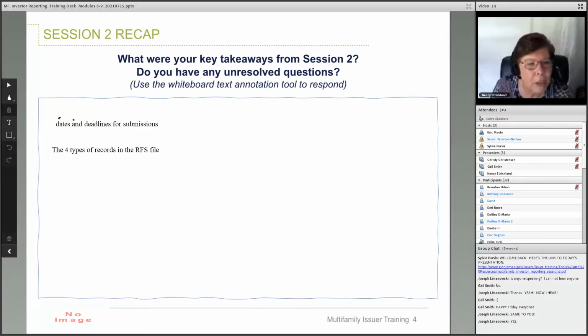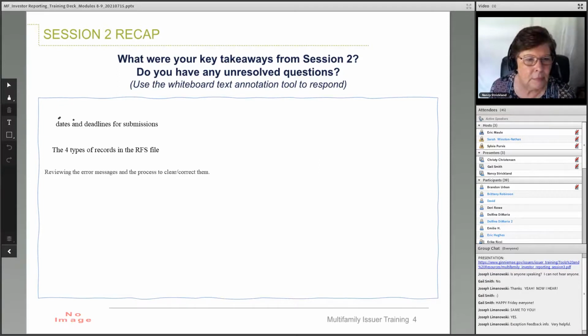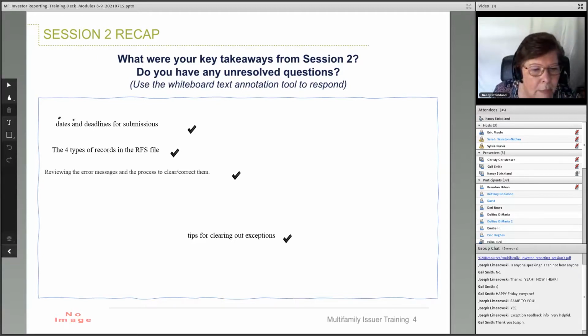Great. People are typing. Okay, anybody have any questions? Okay, so we had tips for clearing out exceptions, the 4 types of records, deadlines, and that one's so small I can't read it.